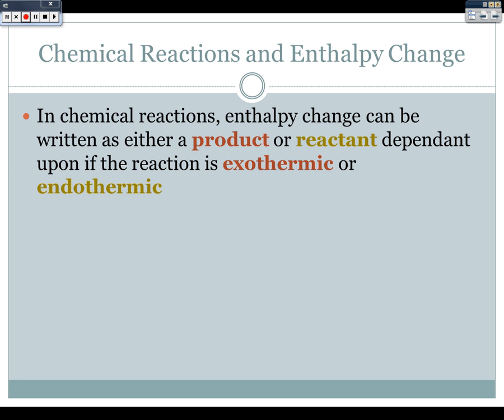So we can actually write these in terms of a chemical reaction. We can include this enthalpy change in our chemical equations. If we had calcium oxide and water, we're going to make calcium hydroxide, and that's going to release a little bit of heat. So we write calcium oxide plus water making calcium hydroxide plus heat, because we have delta H over here as a product.